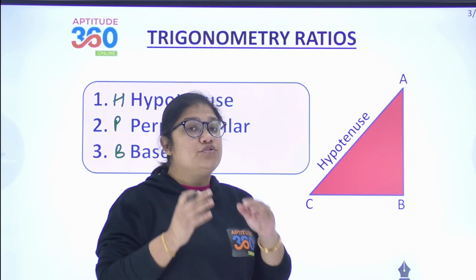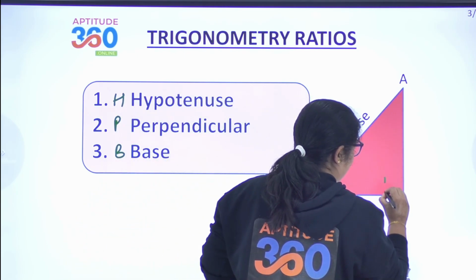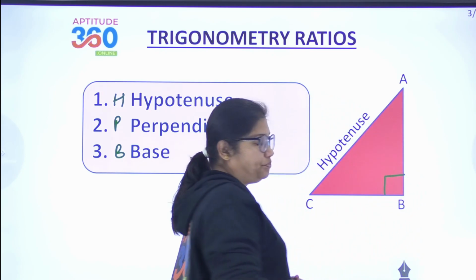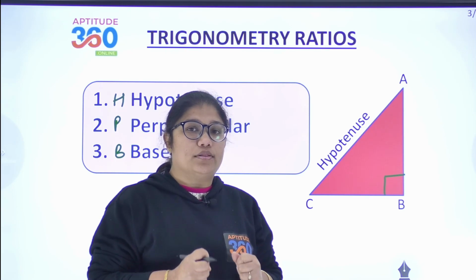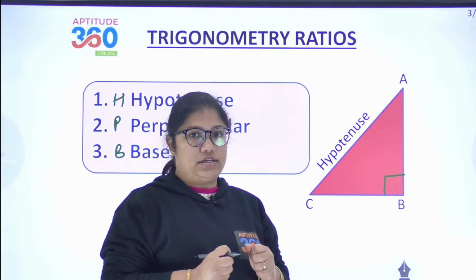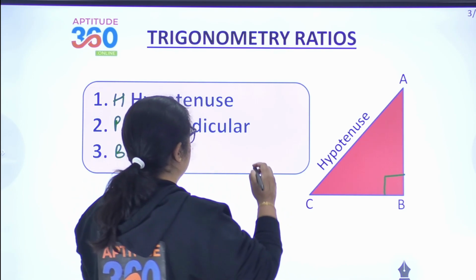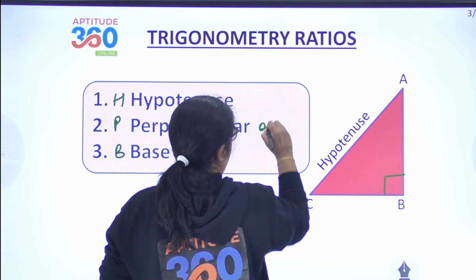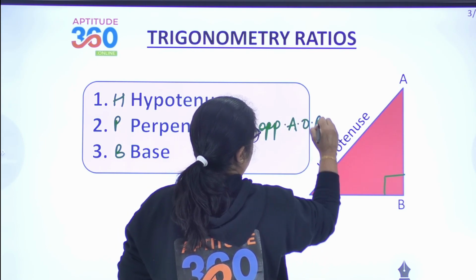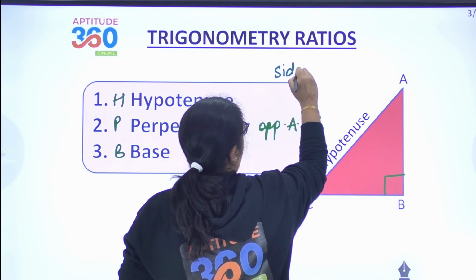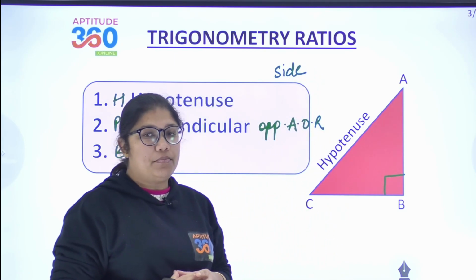Identifying the hypotenuse is very easy. It is the side opposite to your 90-degree angle. However, your perpendicular and base depend upon the angle of reference. The side opposite to your angle of reference is known as your perpendicular.